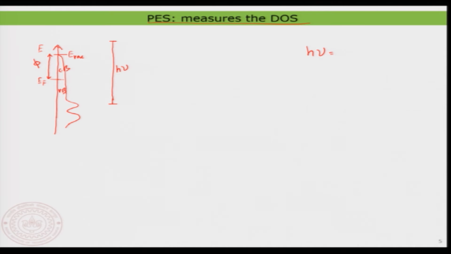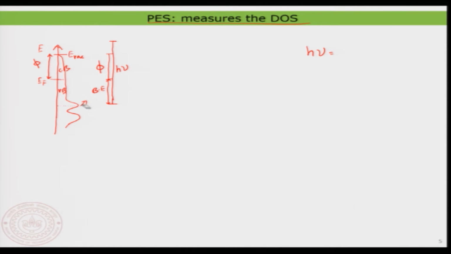Now, you see that this part here is nothing but the work function, and this part corresponds to the binding energy of the electron that you will be kicking, because this is the electron that you are going to remove from the material.